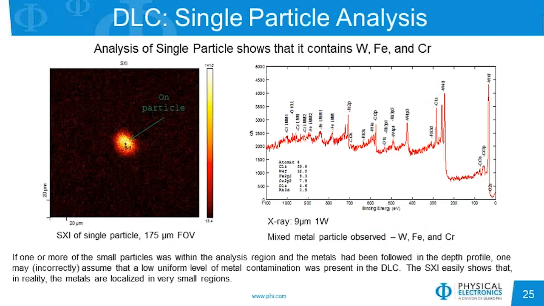And so if we looked at a survey and detected, for example, tungsten, iron, and chromium, and then tracked those elements during our profile, we may come to the conclusion that we have low levels of metal contamination throughout the coating. However, by doing a localized small area analysis, we can see that it is not homogeneous within the coating, but simply localized to where these particles are present.